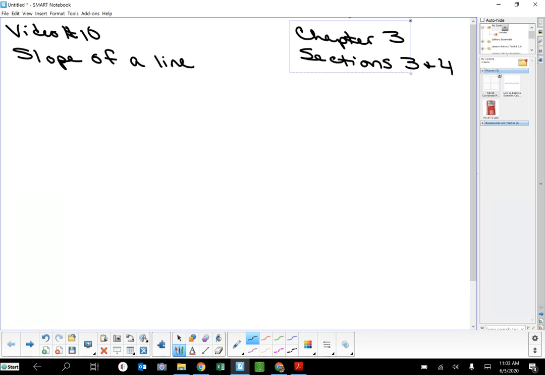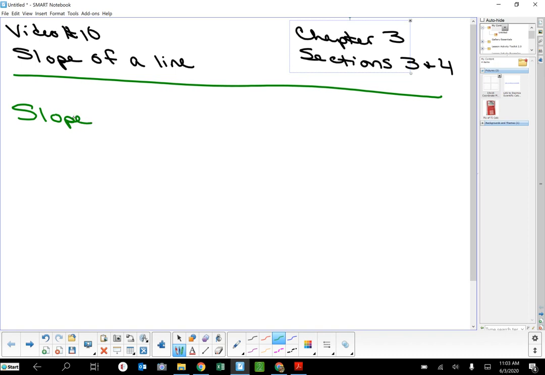All right, so let's talk about some review and stuff that you probably already know. Slope is represented by the letter M. And there is a formula for slope, which is y sub 2 minus y sub 1 over x sub 2 minus x sub 1. It's also sometimes referred to as a change in y's over change in x's.